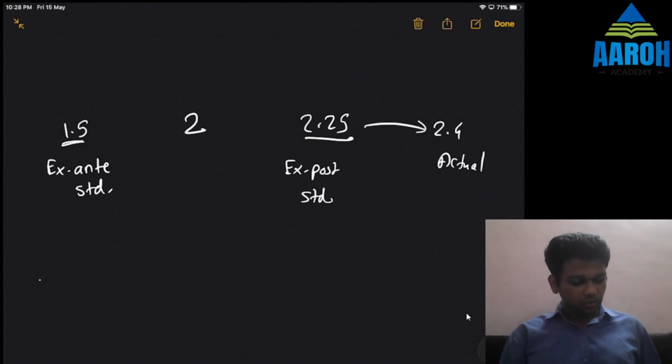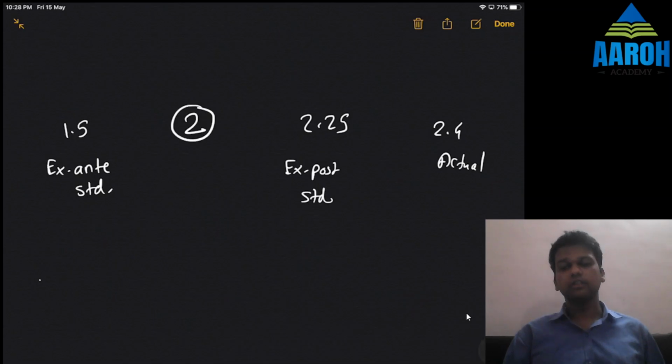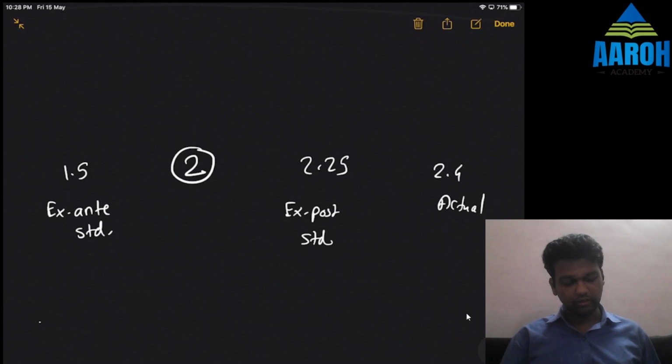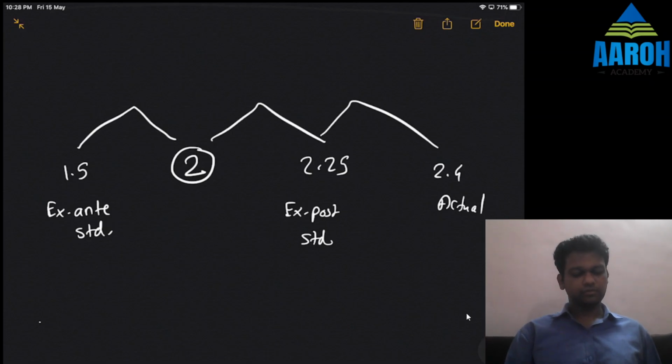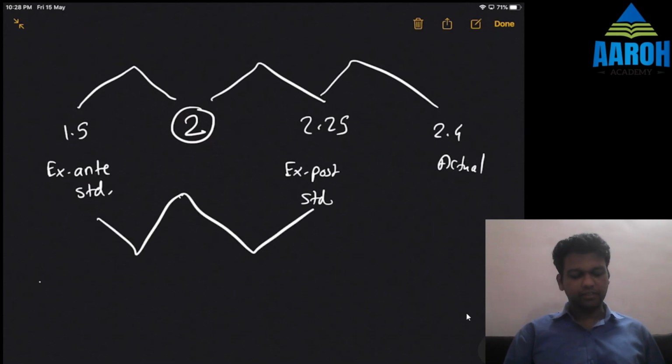Okay, so let's try to analyze these figures now, and then we'll see why this 2 would provide us some further information. So now we'll take the difference between these two. Okay. Let's try to analyze this difference and this difference. This is the difference between original standard and revised standard. So both these are coming from the planning stage.